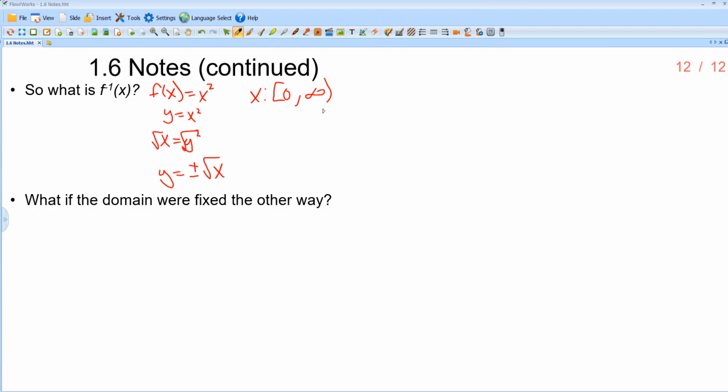remember that the domain of our function becomes the range for our inverse. So this becomes now f inverse of x is equal to. And because our domain here is only positive, that means the range of our inverse can only be positive.